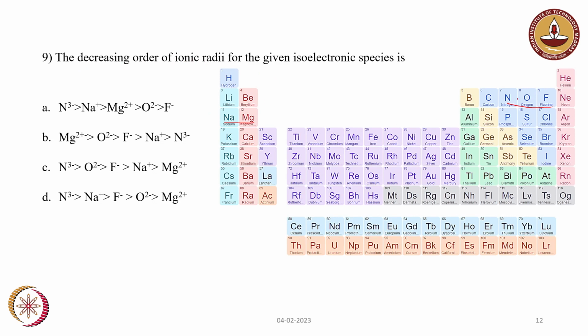So when we move from left to right of a periodic table, the ionic radii actually decrease because of the increase in effective nuclear charge. And when we move down the group, the radius of elements increases.